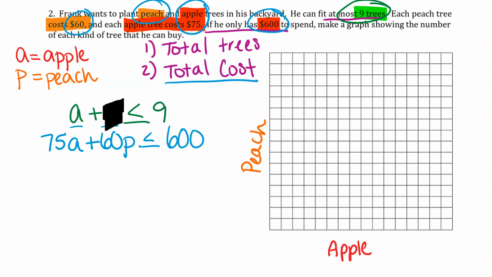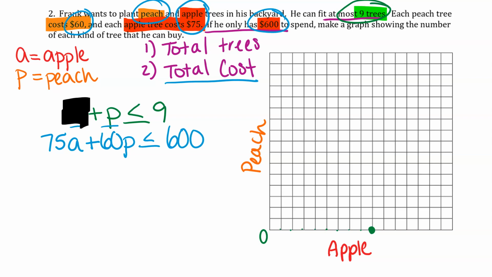So let's find 9 on my apple axis. Remember, this is 0. So 1, 2, 3, 4, 5, 6, 7, 8, 9. Now let's do peach. We're going to get rid of the cover and now cover the A up.